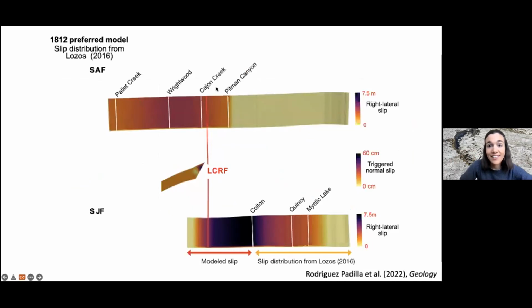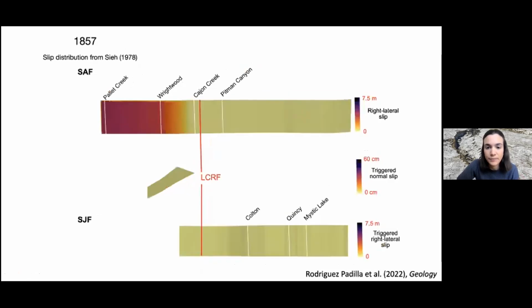Overall, we find that ruptures that trigger slip on the LCRF comparable to that in the trench have to exceed 5 meters of slip on the northern San Jacinto and have to taper really steeply. That is a lot of slip, so there's a good chance that there are multifault ruptures that our record doesn't hold. So we treat our LCRF record as a minimum amount of joint ruptures in the past 2,000 years.